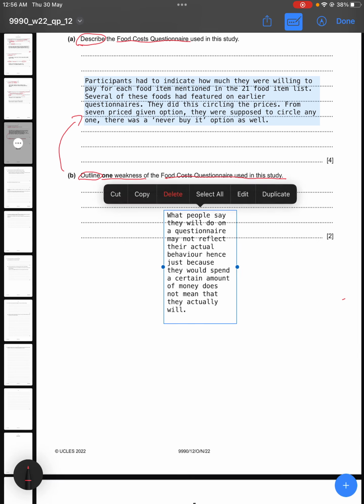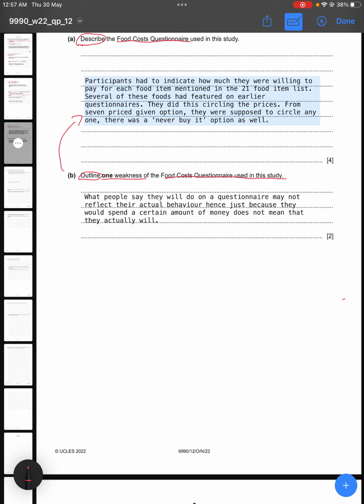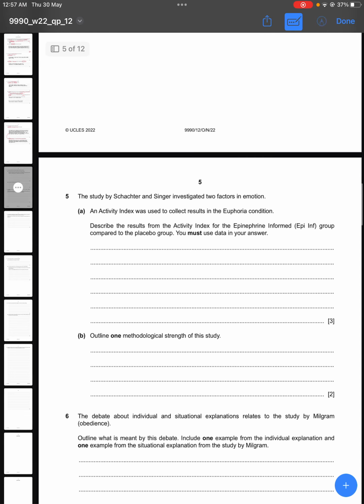Just because they are saying that they are willing to pay a certain amount of money on a particular food item, it does not mean that they're actually going to pay that. So basically, social desirability can occur. It is not necessary that what the participants are saying they would do in a questionnaire, they would do in real life. So there is a chance that the results might not be valid.